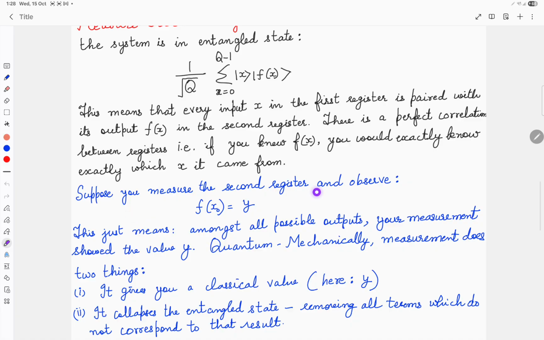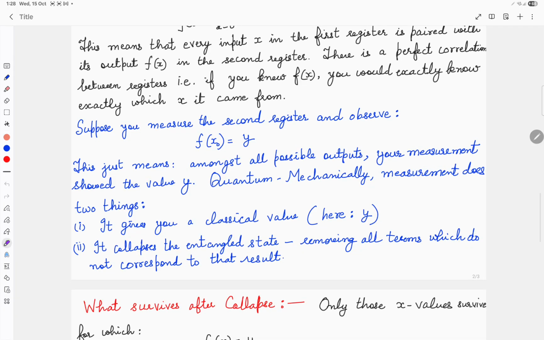Suppose you measure the second register and observe f of a particular value x0, and the value the second register contains is y. This just means that amongst all possible outputs, your measurement showed the value y. Quantum mechanically, measurement does two things. It gives you a classical value, which, let us say, is y.